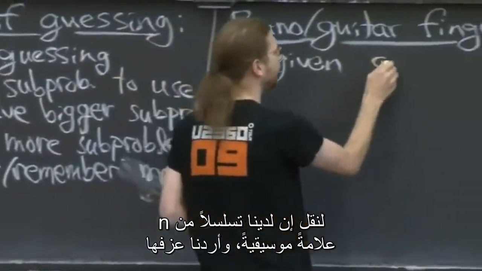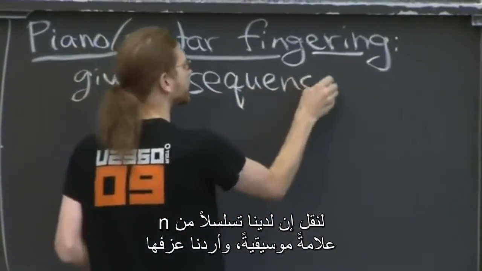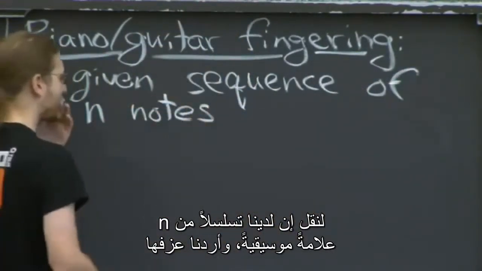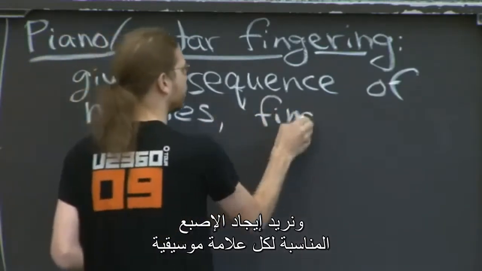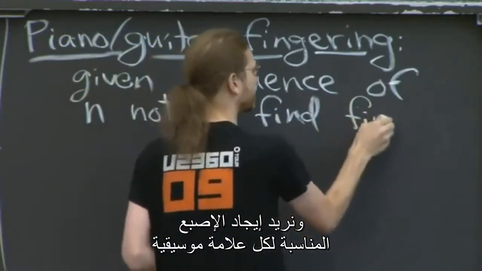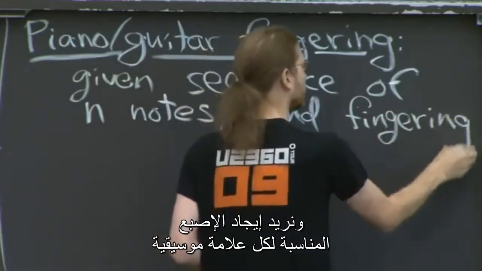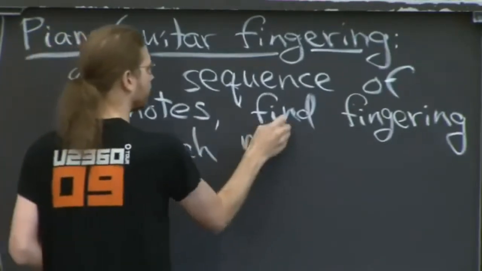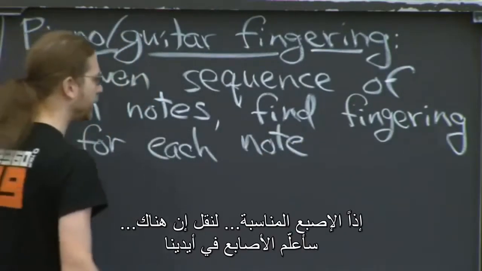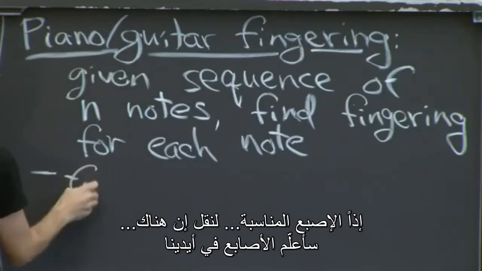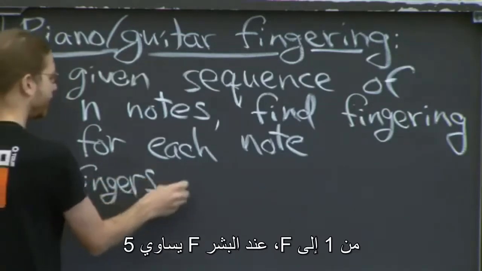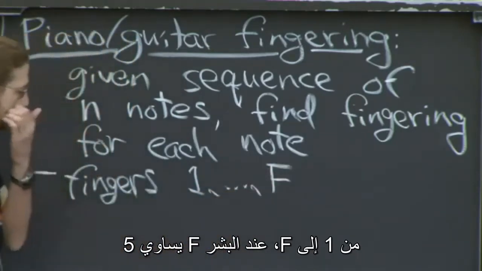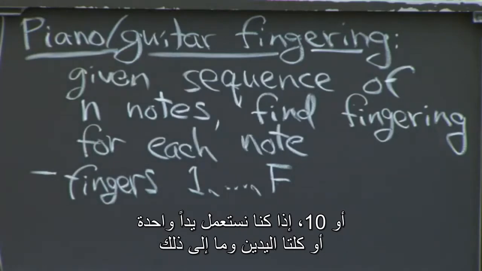So let's say we're given a sequence of n notes we want to play, and we want to find a fingering for each note. Let's say there are fingers labeled 1 up to F. For humans, F is 5 or 10, depending if you're doing one-hand or two-hand stuff.